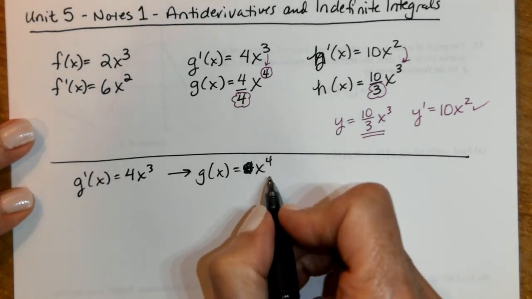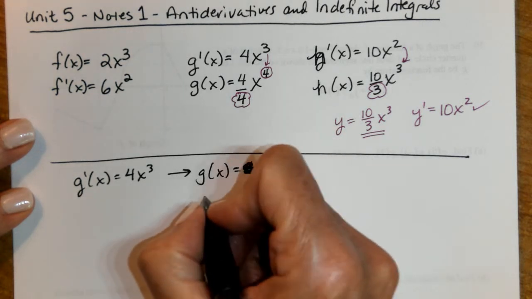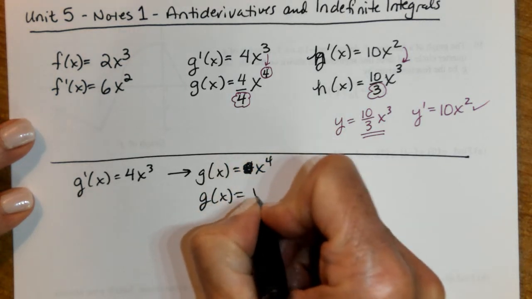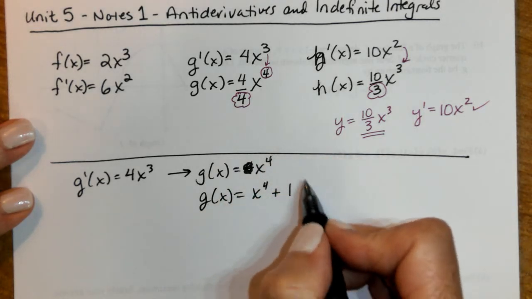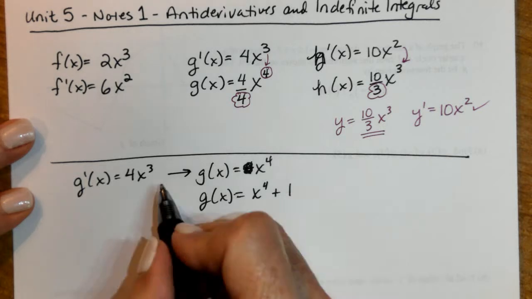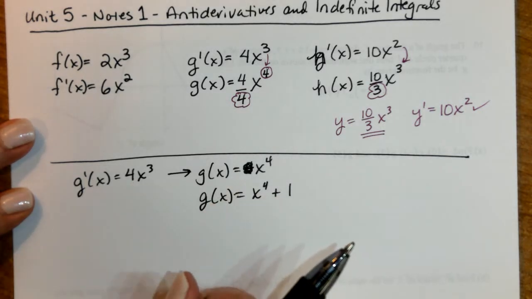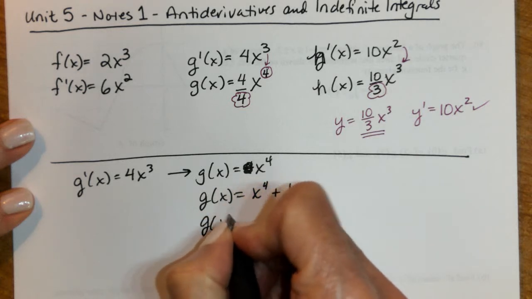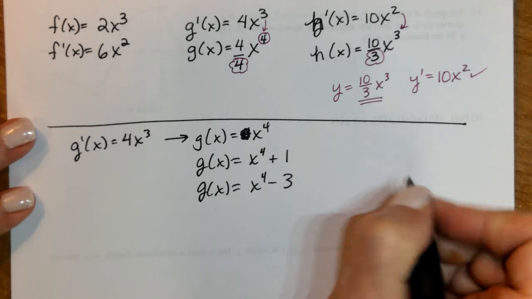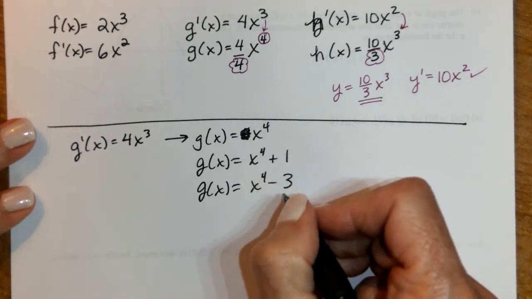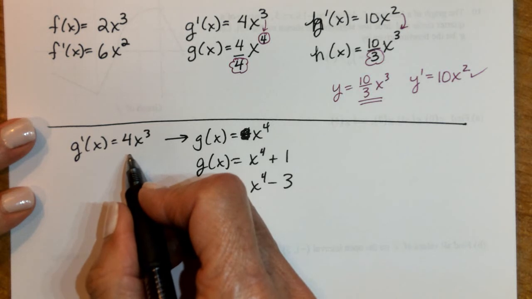Is this the only function whose derivative is 4x cubed? Well, could g be x to the 4th plus 1? The derivative of any constant is 0, so the derivative of this function would also be 4x cubed. And we could put any constant there and still get that derivative.